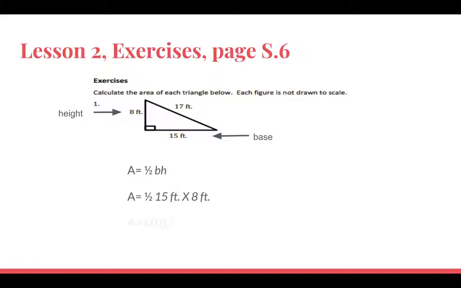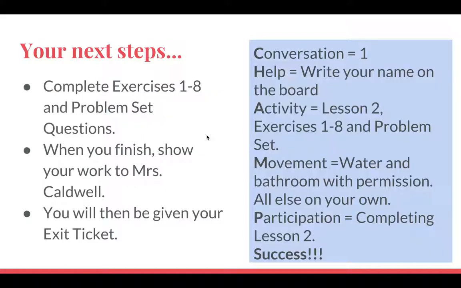When you calculate that, you should have gotten 60 feet squared. So 1/2 of 15 feet times 8 feet is 60 feet squared. Once again, the 15 is your base, the 8 is your height, and 1/2 because that is our formula: 1/2 base times height.